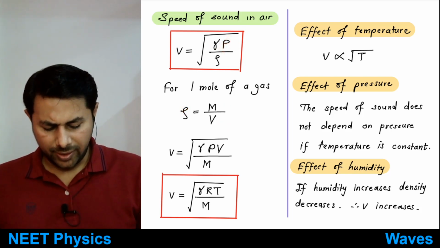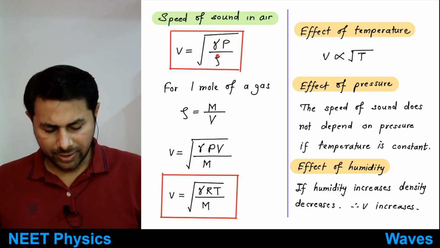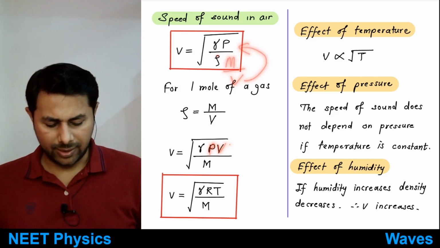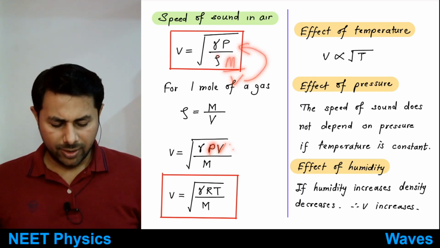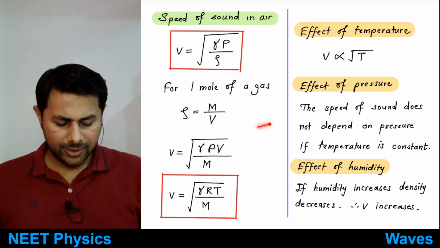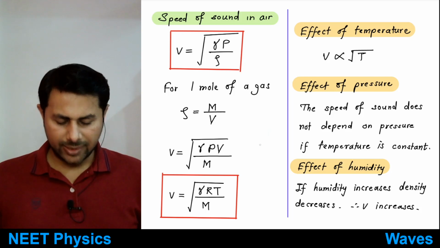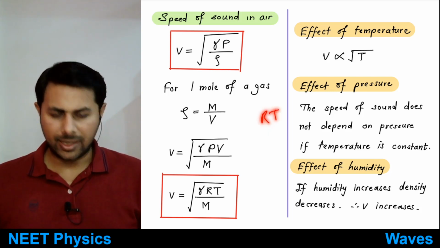So here you can substitute mass upon volume. Volume will go to the numerator, and here you get PV. At constant temperature, PV can be written as nRT. For 1 mole of gas, it is just RT.